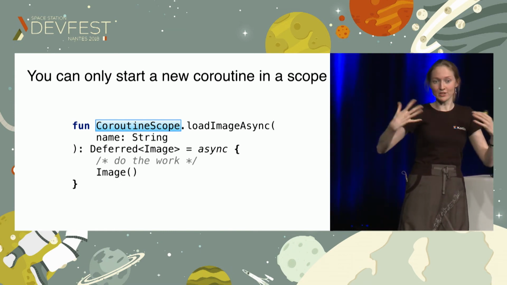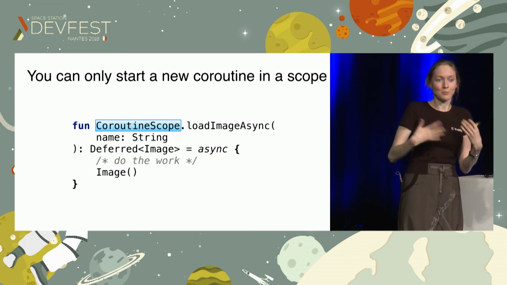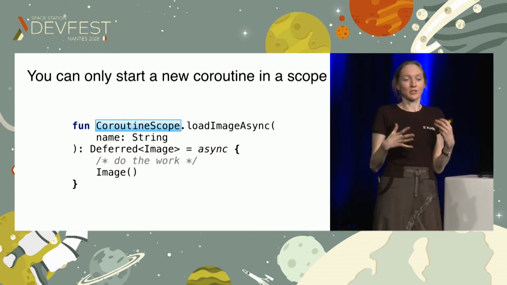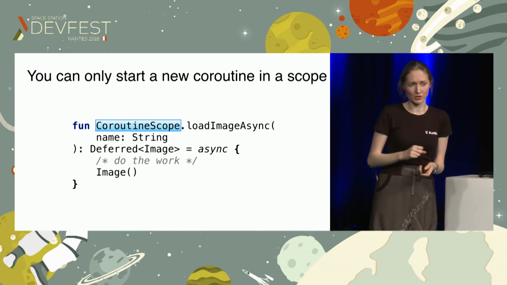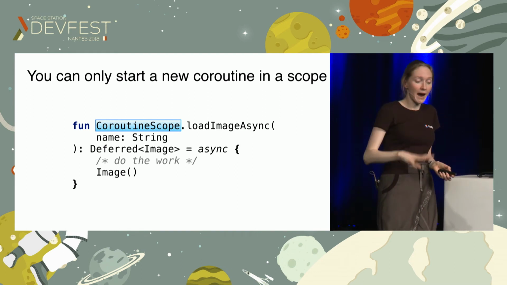That's another difference that this structured concurrency approach brings, which influences how you write your code. So now, when we write this function load image async, and it starts a new coroutine, this image loading will be bound to the outer scope, depending on what scope we're starting it from.